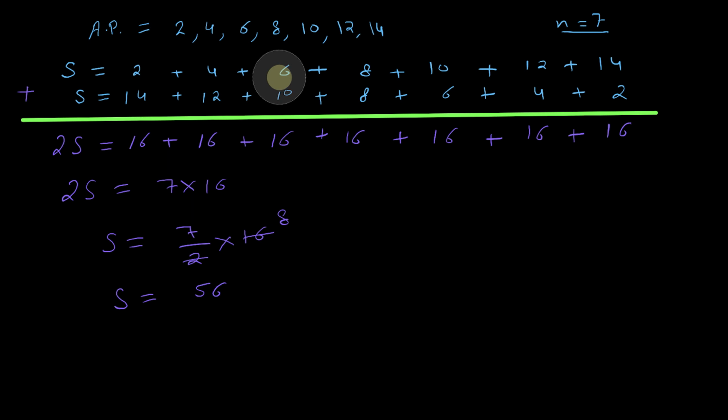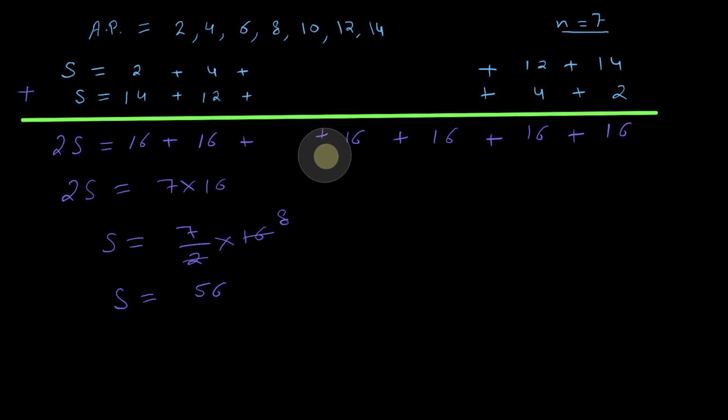To do so, I will erase the extra numbers. I will take only two numbers in the beginning and two numbers in the end. And here again the sums for only the first two numbers and last two numbers will be taken.